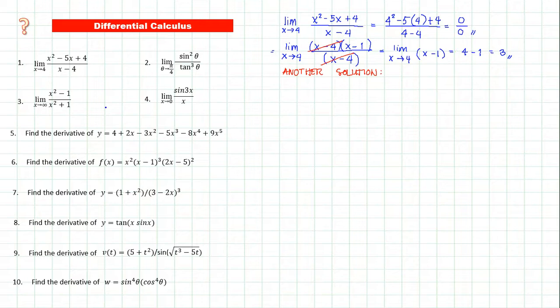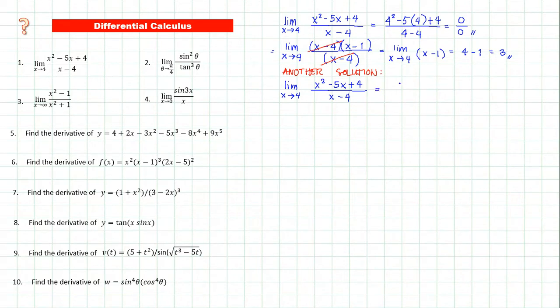So ang ginagawa natin diyan, the limit as x approaches 4 ng function natin, x squared minus 5x plus 4 all over x minus 4, kinukuha natin yung first derivative ng ating numerator and ng denominator.